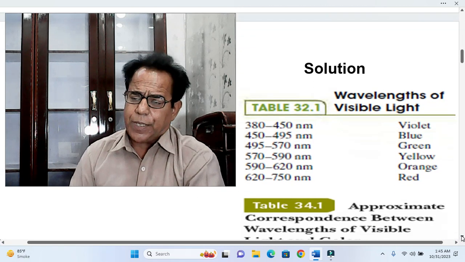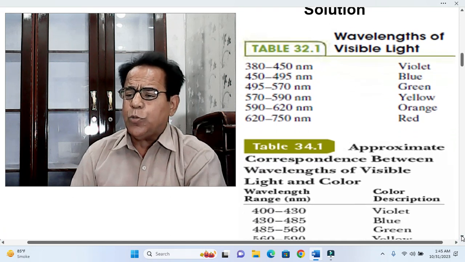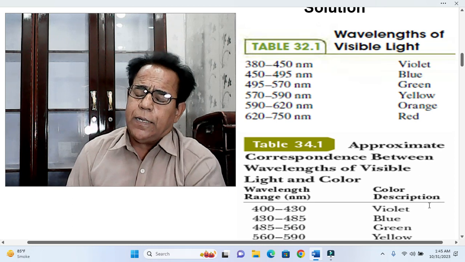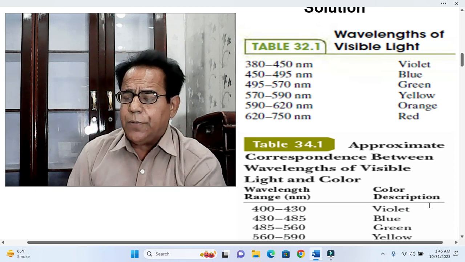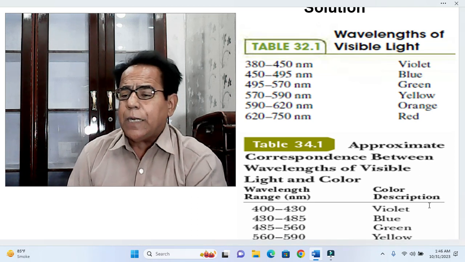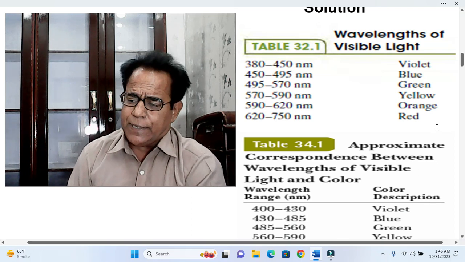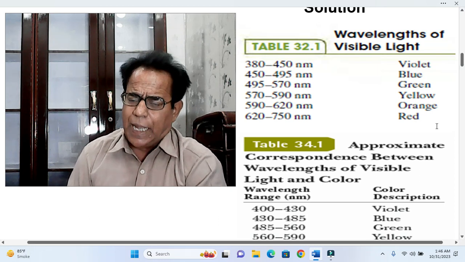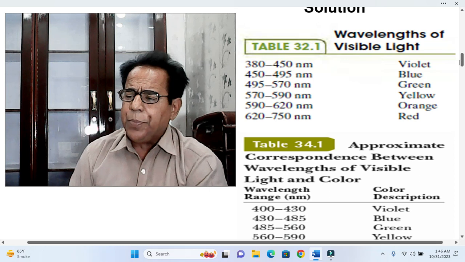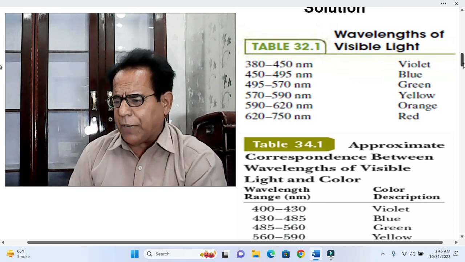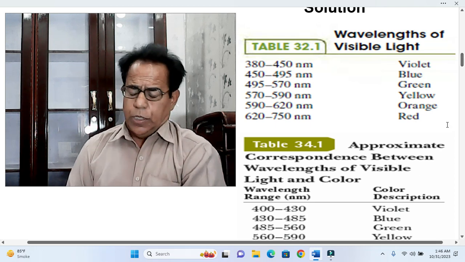Okay, dear students, solution. In the solution portion, first of all we go through some information about the spectrum of electromagnetic radiations, because here wavelengths of light are involved. 589 is one and 400 to 700 nanometer is the other.